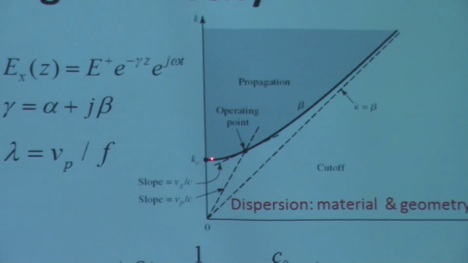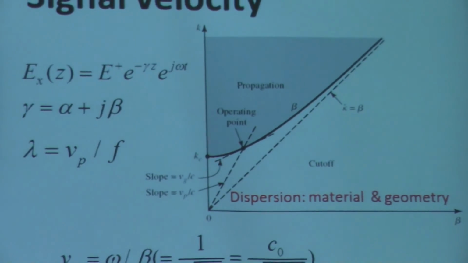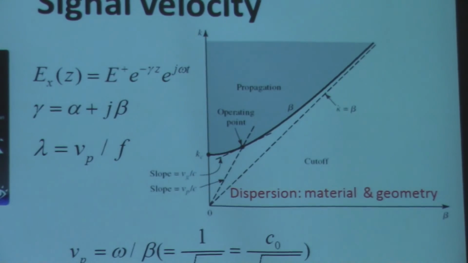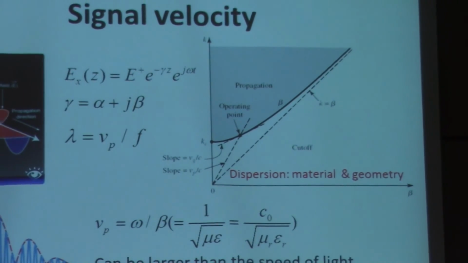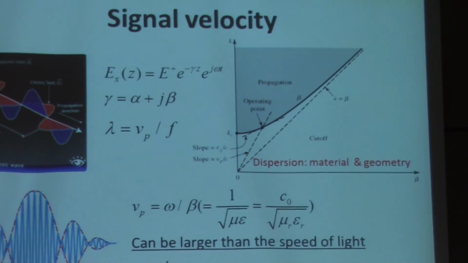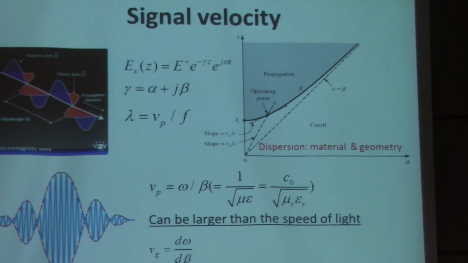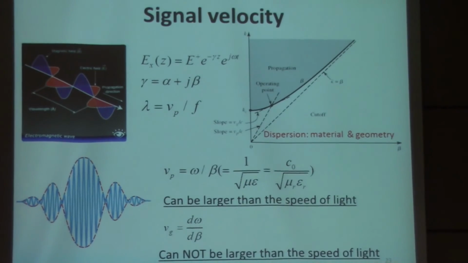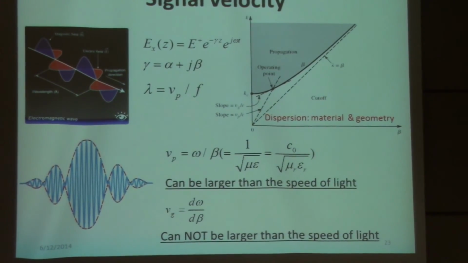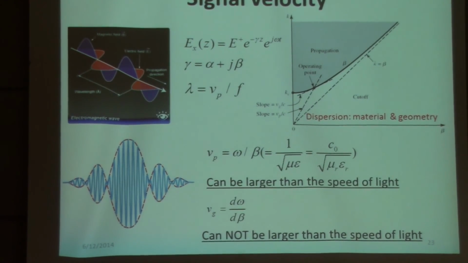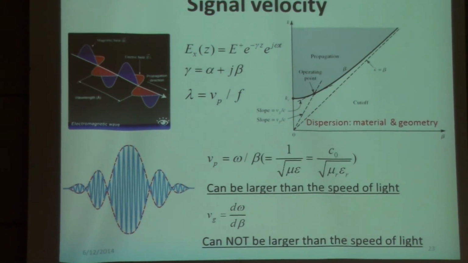Because you can make the wave travel much slower, you can intentionally make it very slow so that the wave interacts with your material for a very long period of time. Then theoretically you can increase your sensitivity because the interaction is very long.